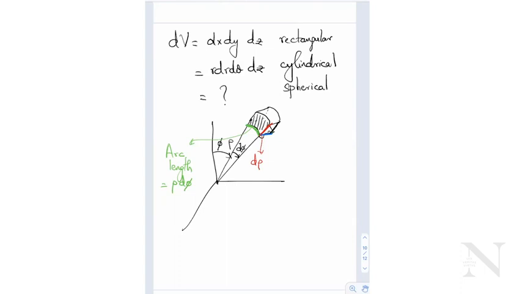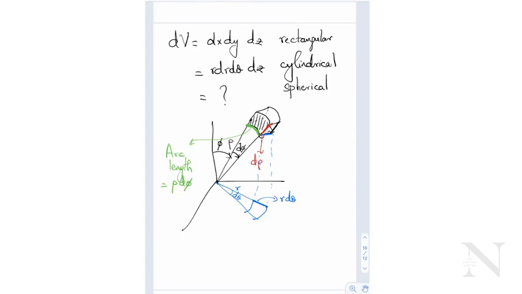The blue side is going to be the projection of your typical dr in the xy plane. So this is your d theta. This side is what is projected up here, and this length is r, and that's d theta, so this is going to be r d theta.